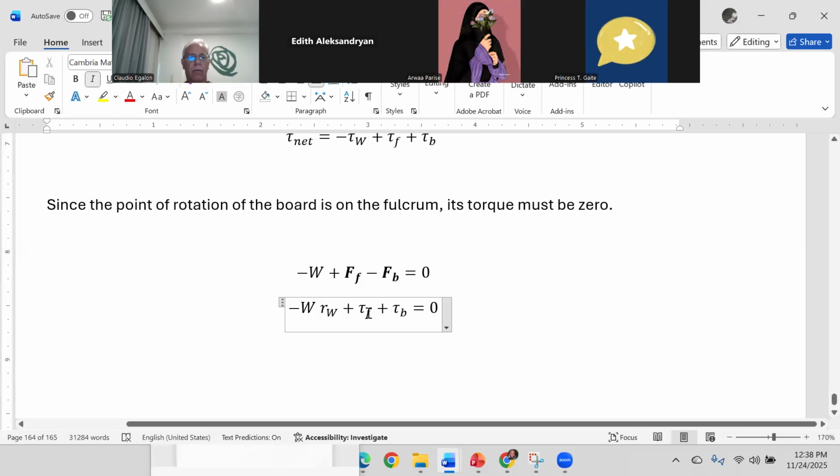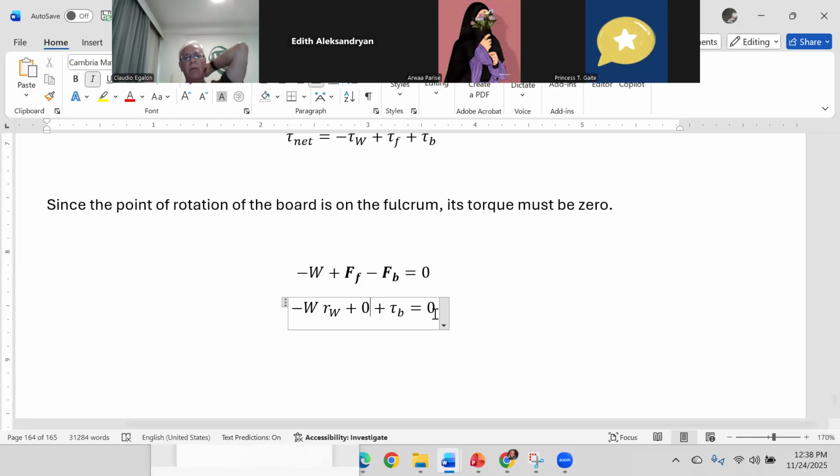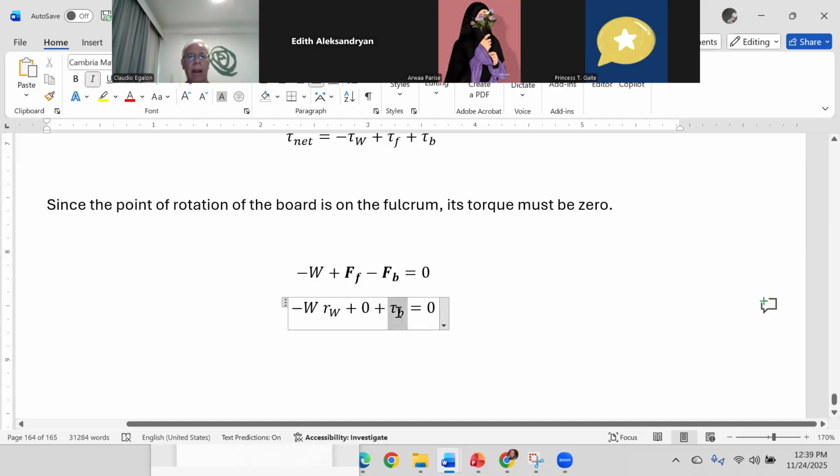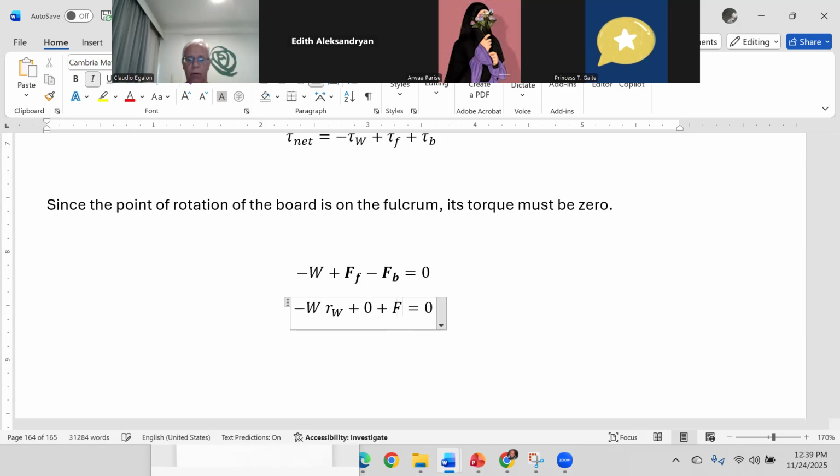The torque of the fulcrum is 0 because the board is rotating around the fulcrum. Consequently, the position vector of the point of application of the fulcrum force is 0. And here we have the force that the boat is applying to the board times the distance that the boat is from the point of rotation.